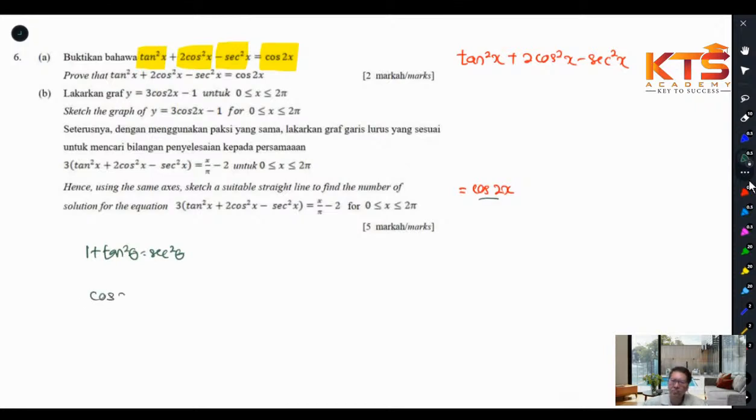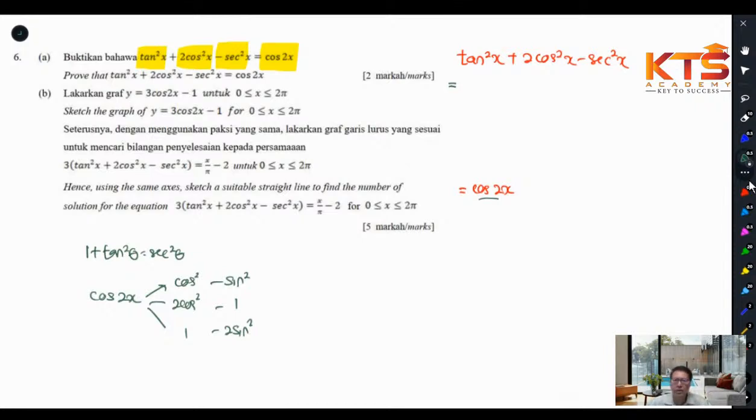You have three formulas here. Cos 2x is cos square minus sin square, or it could be 2 cos square x minus 1, or it could be 1 minus 2 sine square x. So which one should I use later? Only we decide.